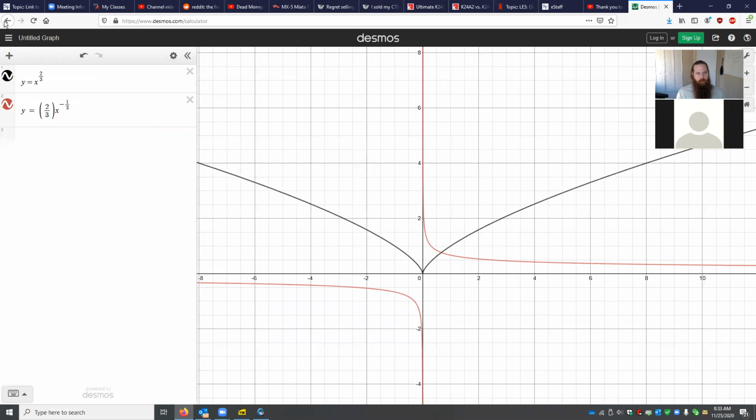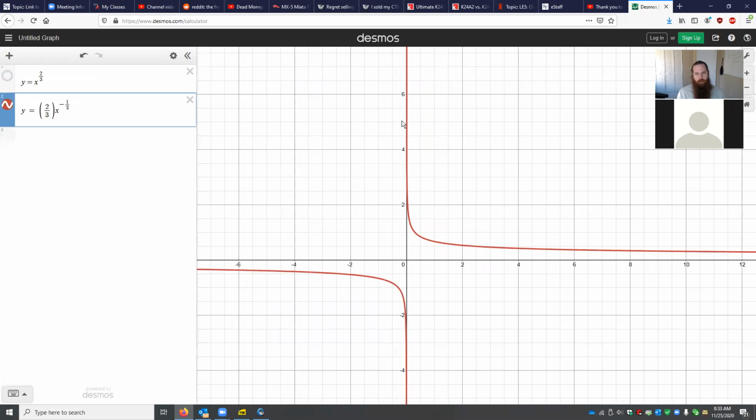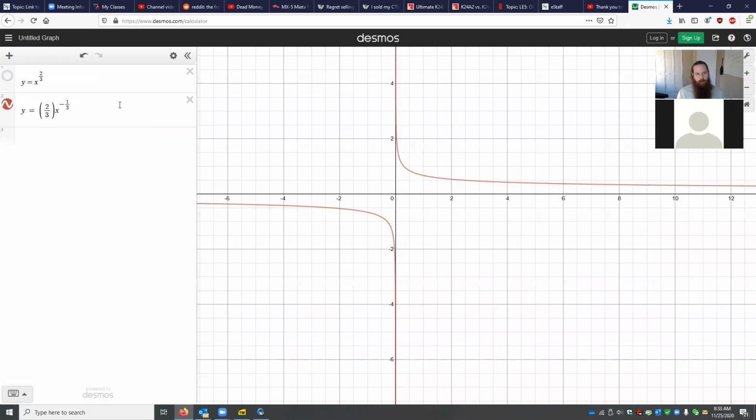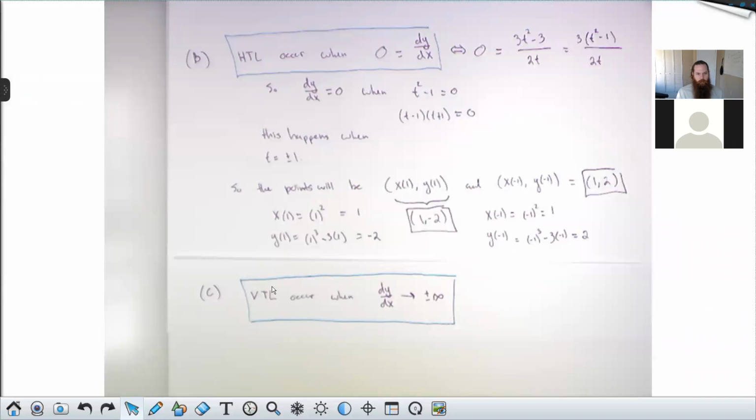The red function is the derivative of the black. So where the red function blows up to infinity, which is at 0, the black function will have vertical tangent lines. And that clearly happens here at 0. So vertical tangent lines occur where dy dx tends to plus or minus infinity.